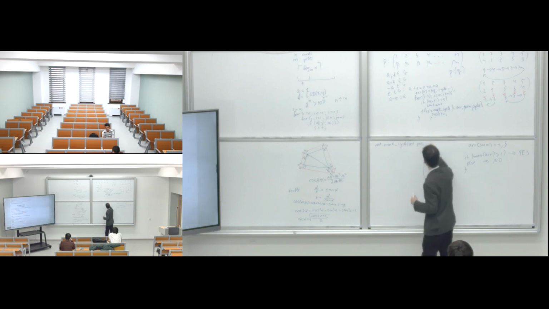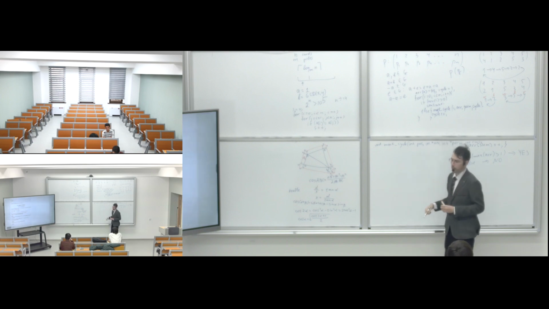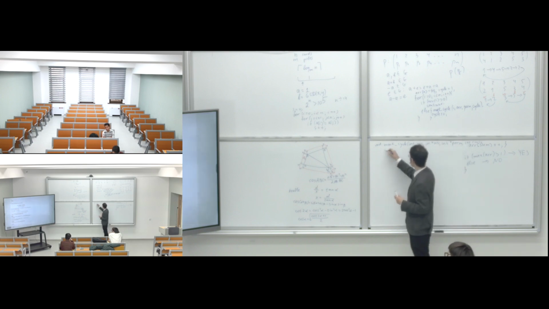We have some array, and the permutation. First thing we mark array of this position with this current value.